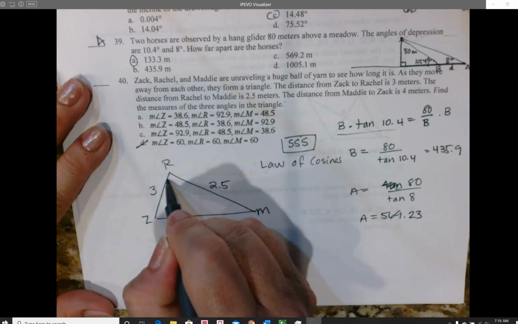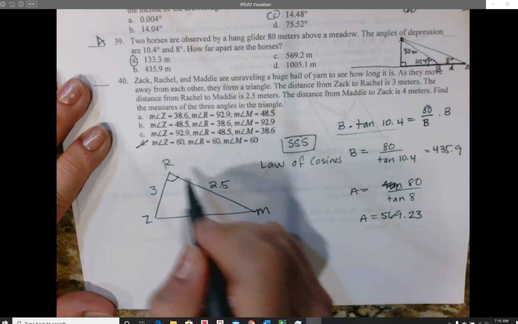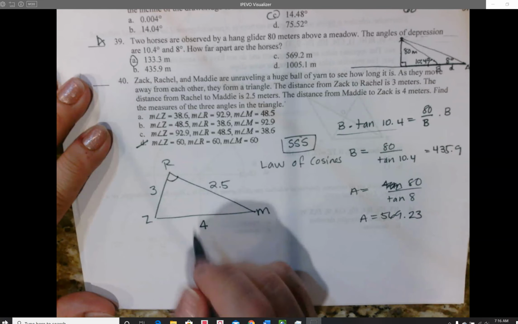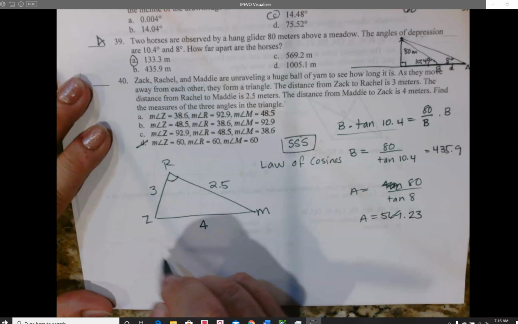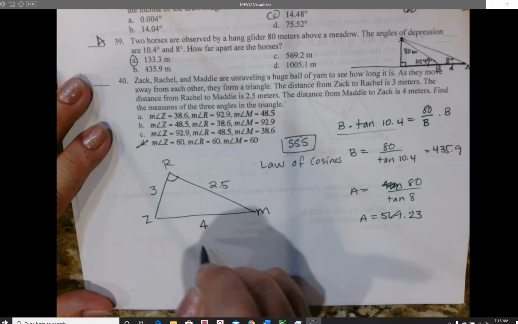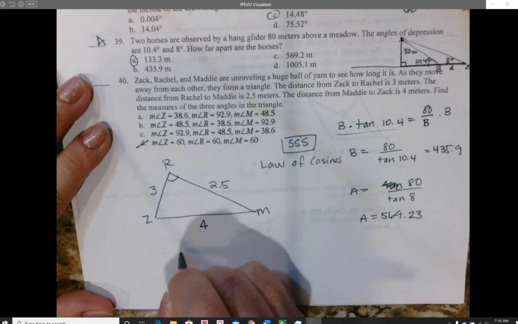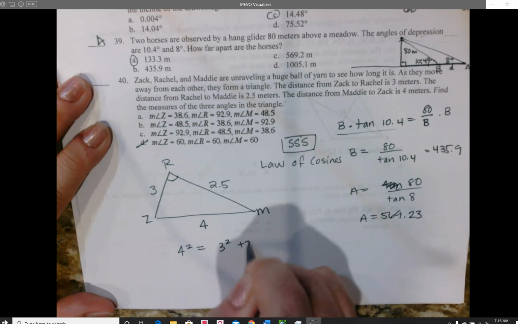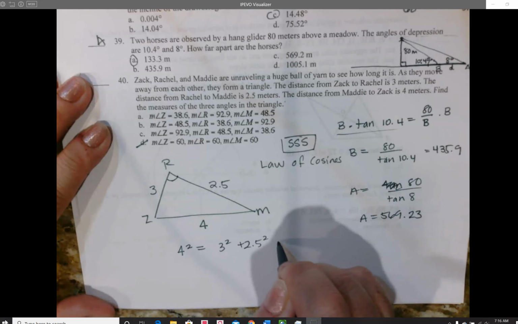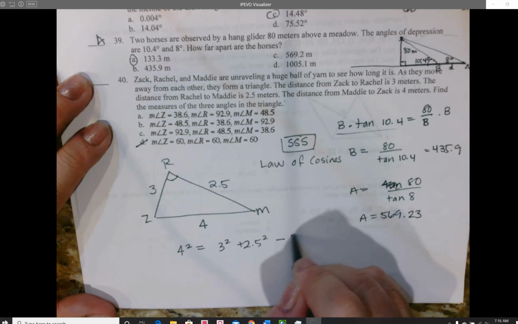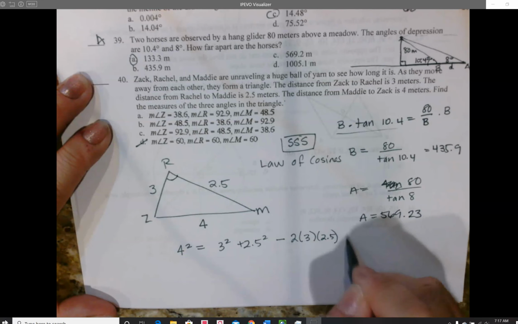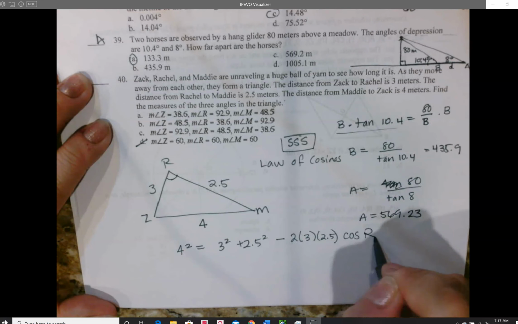The angle opposite of a side, that's called angle R. So I'm going to set this up. 4 squared equals 3 squared plus 2.5 squared minus 2 times 3 times 2.5 times the cosine of R.